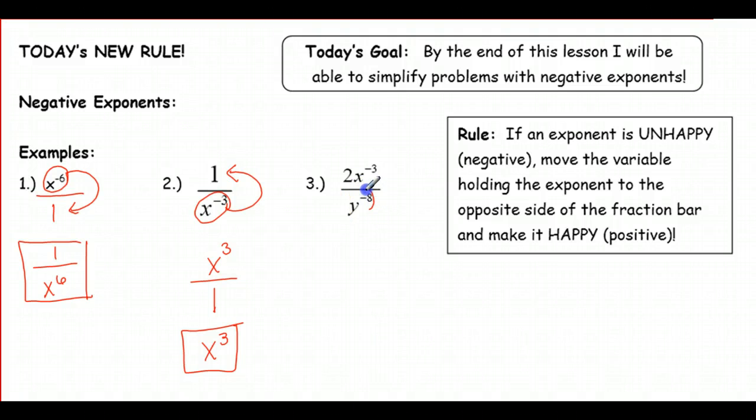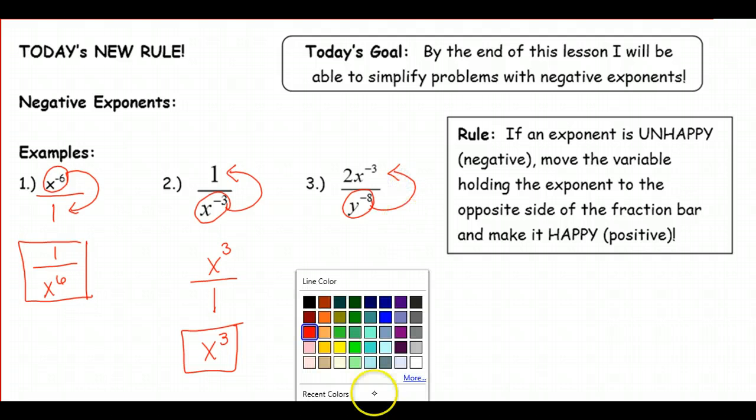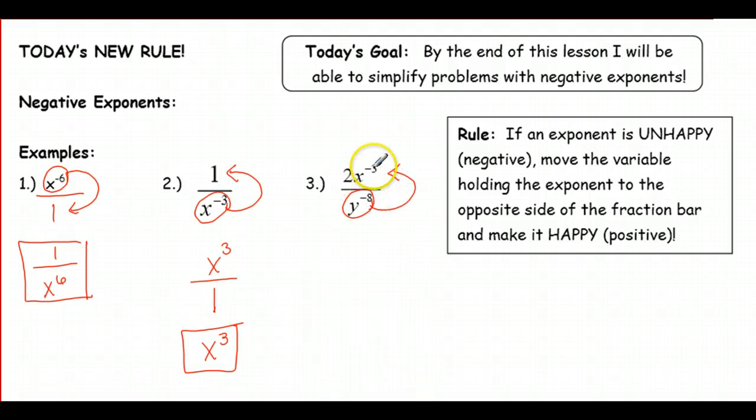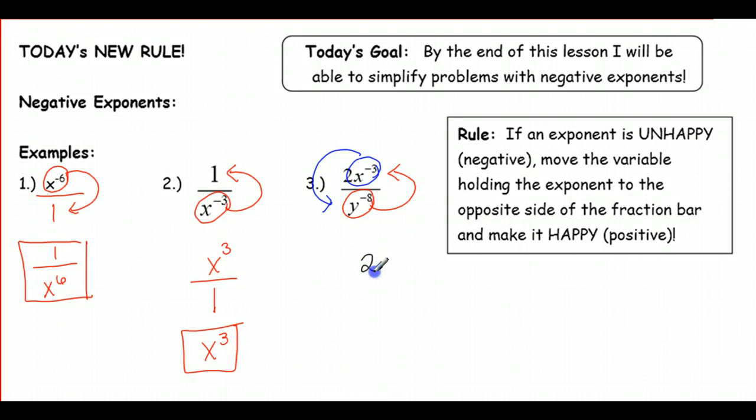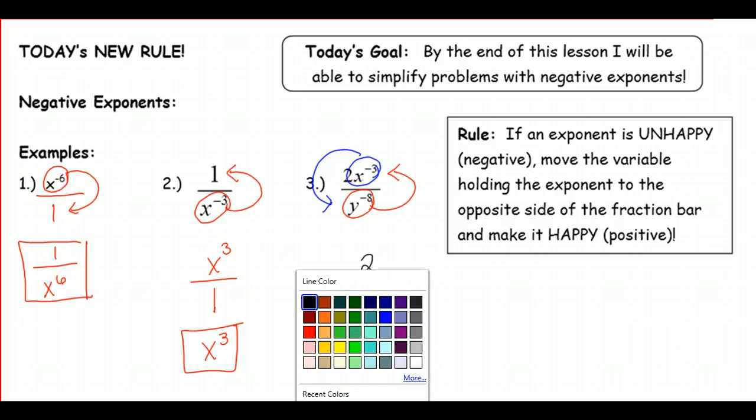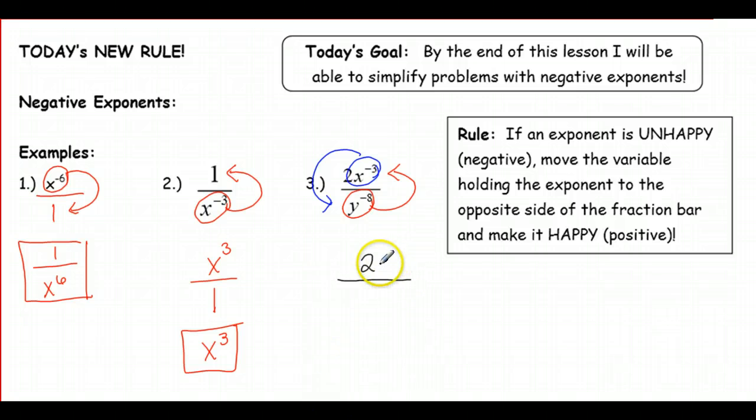We're going to take our y to the negative 8 and we're going to move it to the top, and then we're going to take the x to the negative 3rd and we're going to move it to the bottom. That 2 is going to stay in our numerator. So we now have 2 and we have y to the positive 8 since we moved it up, and then in our bottom we now have x cubed. So our answer is 2y to the 8th over x cubed.